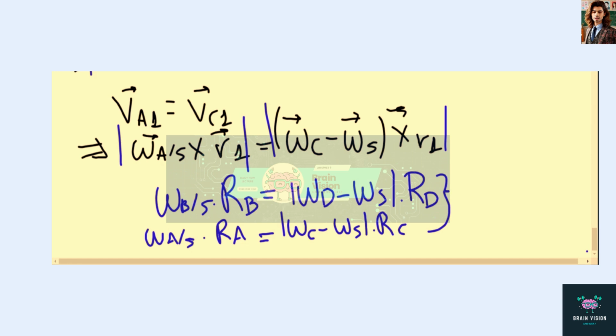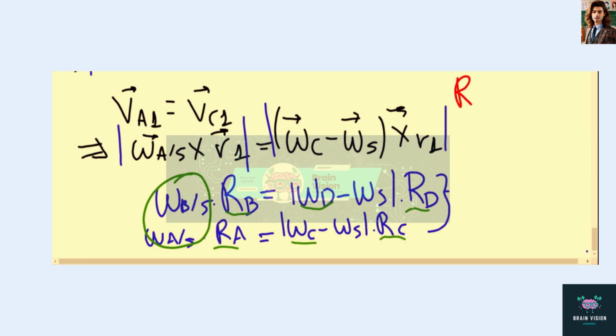So we have now this nice system. We know that one. We know that one. We can calculate these from the drawing using some trigonometry, which I won't do. I just tell you the results. And we can eliminate these two because they are the same.